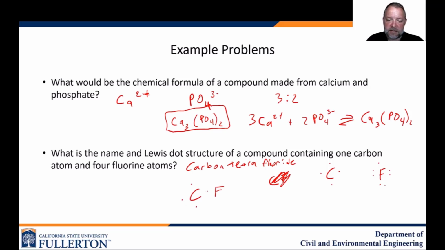Fluorine has 7: 1, 2, 3, 4, 5, 6, 7. And so fluorine would form something like this. Carbon tetrafluoride would look something like this. Now, all the fluorines have 8 electrons being shared. The carbon has 8 electrons being shared, and so it's a happy camper.